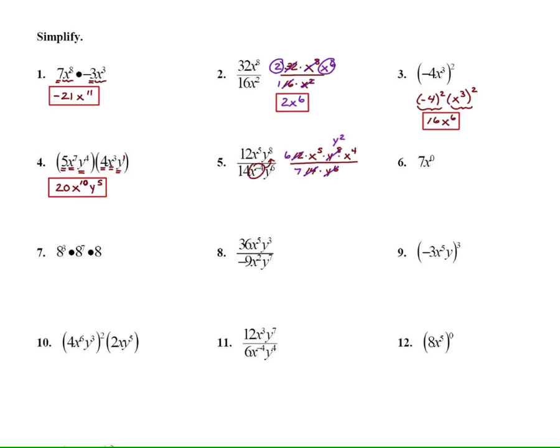I have 6 y's in the bottom and 8 y's in the top. So 6 in the bottom will reduce with 6 in the top, leaving y squared. And now that my x's are both in the top, x to the fifth times x to the fourth is x to the ninth. So what I should get is 6 x to the ninth y squared all over 7, and that would be your final answer. So the first thing I like to do is deal with the negative exponents and then worry about reducing.